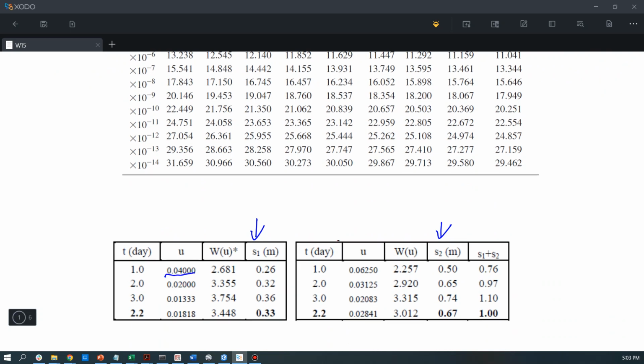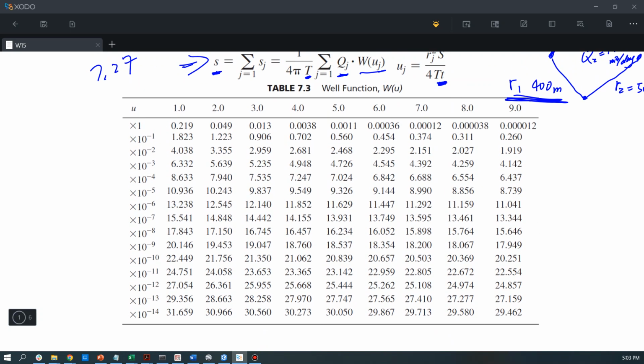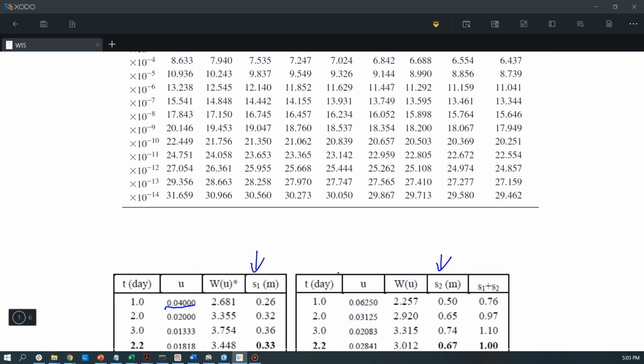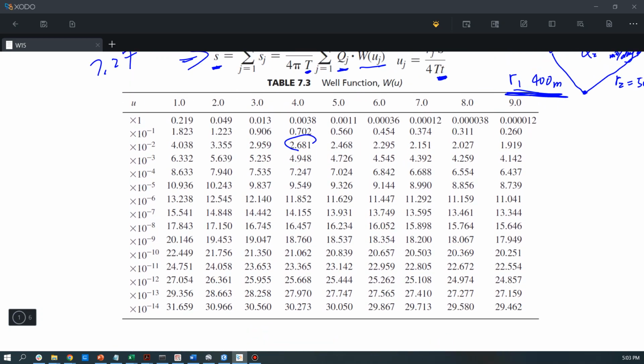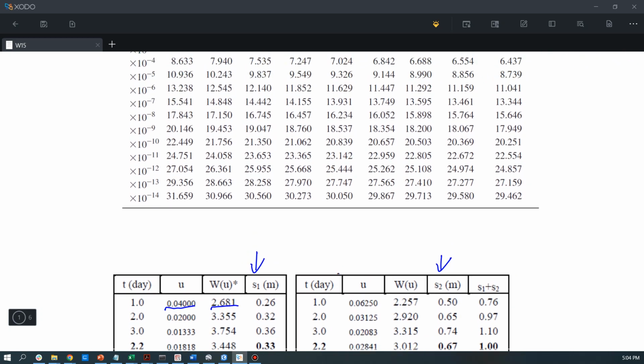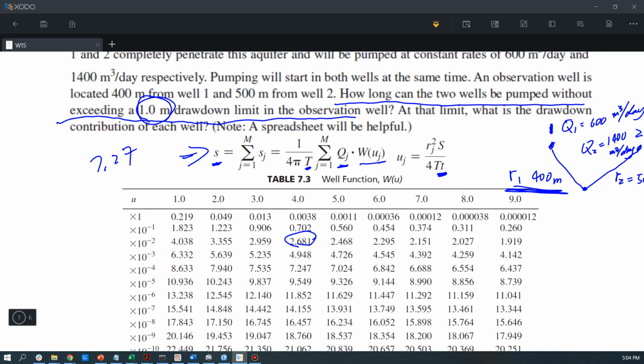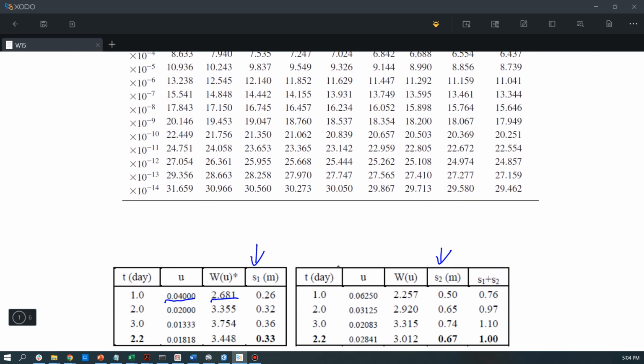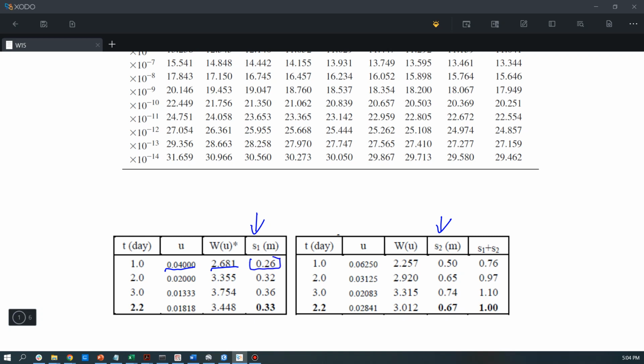For example, u is 0.04, and we find the well function is equal to 2.681, so we have 2.681 here. Then we apply this well function back into the drawdown equation, and we get a drawdown of 0.26 meter for well 1.